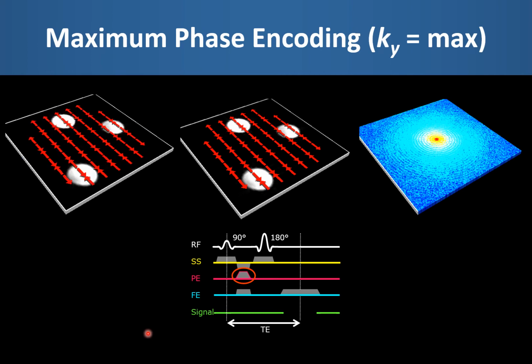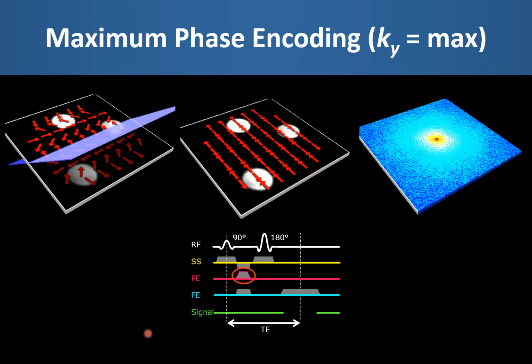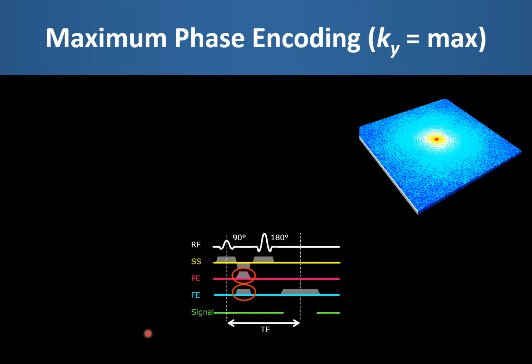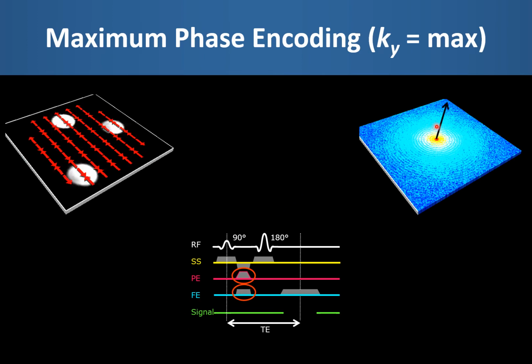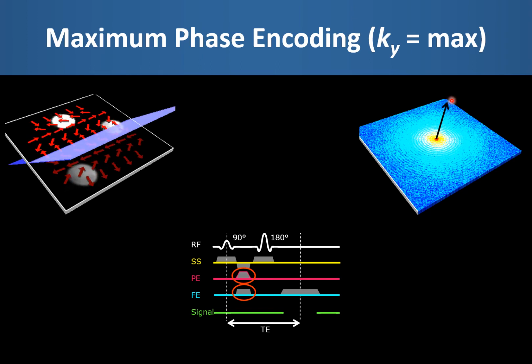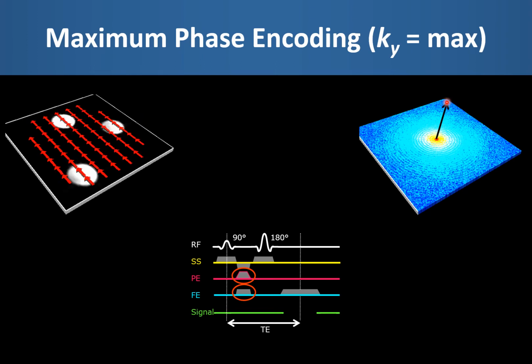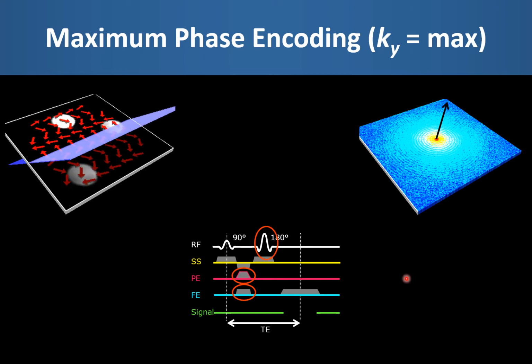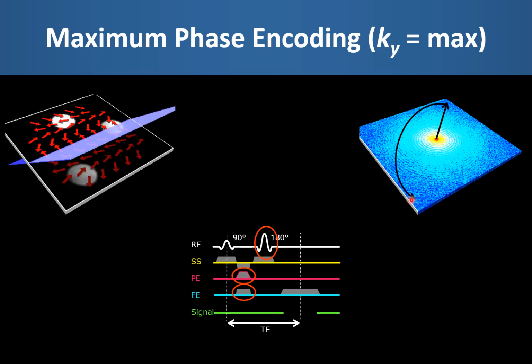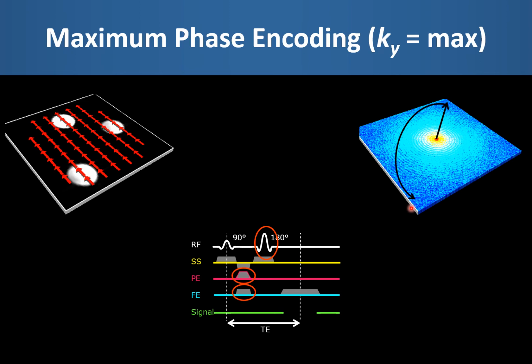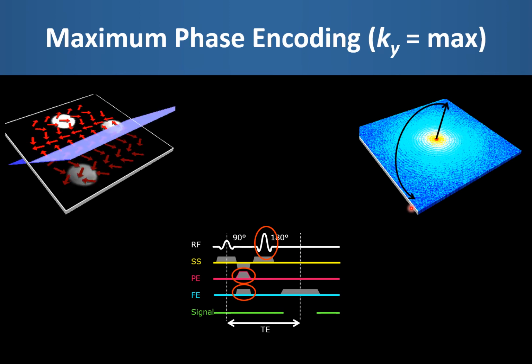Now, because we apply both the phase encoding and the frequency encoding pre-phasing gradient at the same time, we again move from the center of k-space to the top right-hand corner of k-space. If we then apply a 180-degree refocusing pulse, those spins flip to the start at the bottom left-hand edge of k-space.